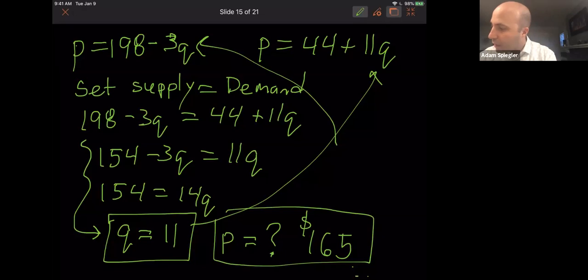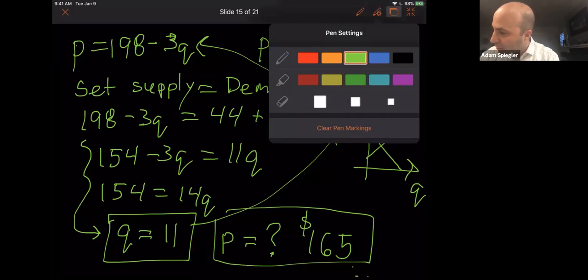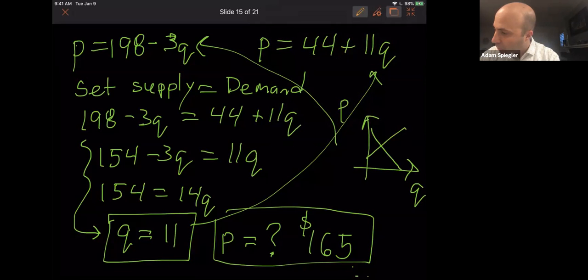And so the picture, just to informally draw this out, is we had our demand over here, and now we've got a supply over here. And this point that we found, let me mark it in red, is the 11 units that were demanded when the price was 165.